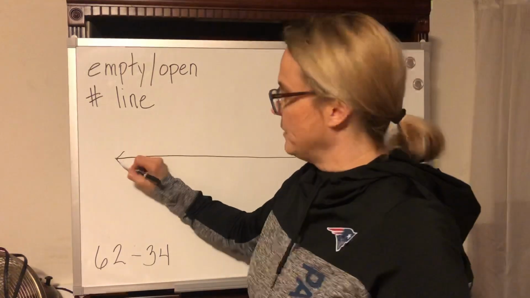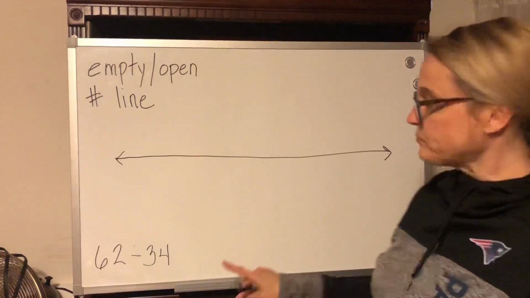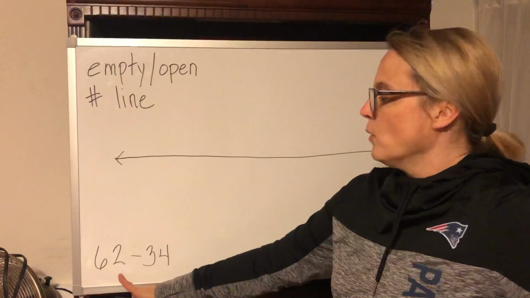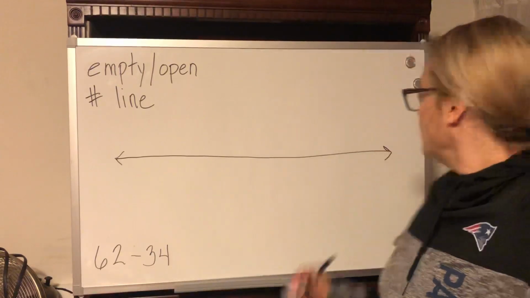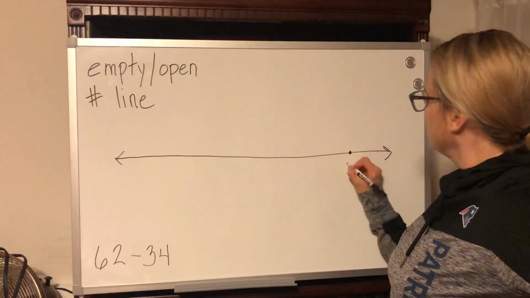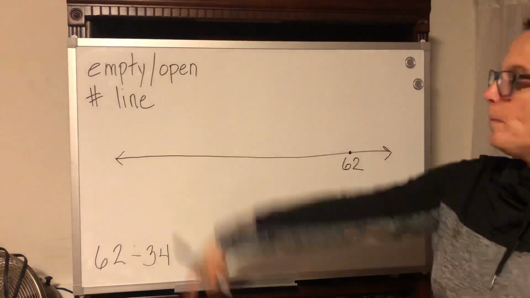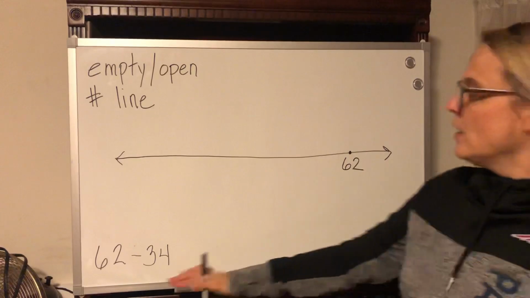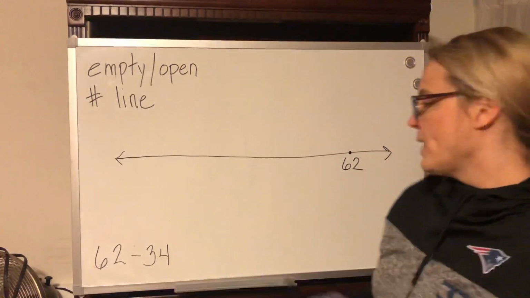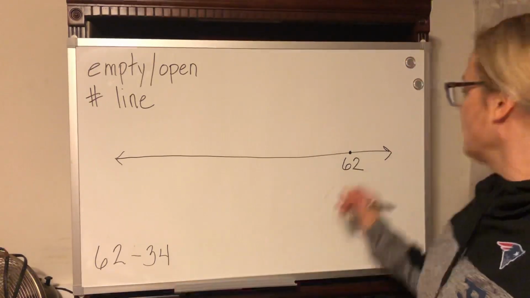This is a little different when we're doing subtraction, because I am going to put my 62 on the line. And now I'm going to go back, because I'm going to be taking away. So I'm going to take away my 10s first. So I'm going to take away 1 ten.